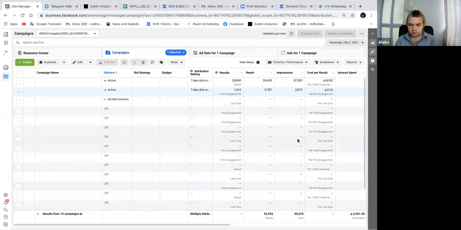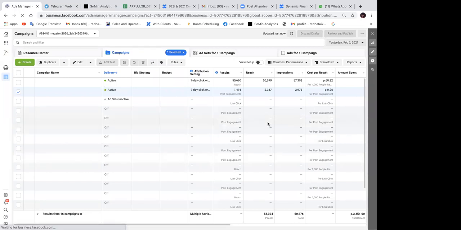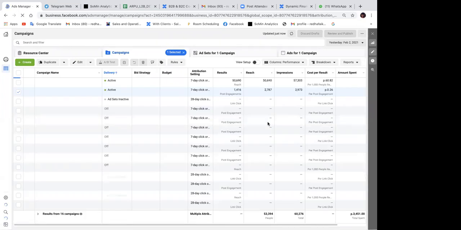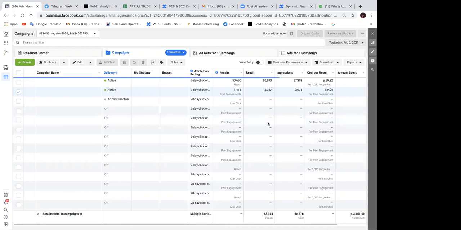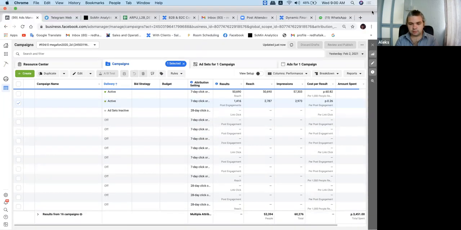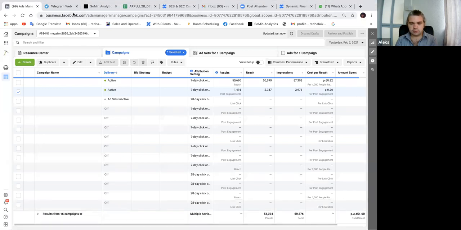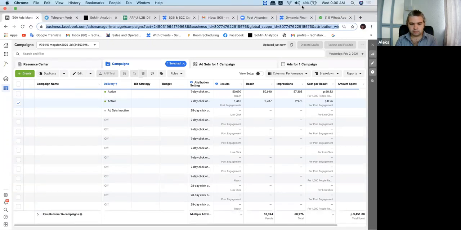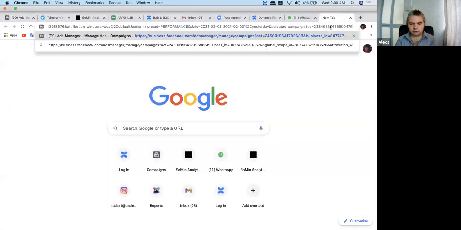And try to update it again. Okay, can you open another browser window and copy this URL? Not the tab, but a window. Close this browser.